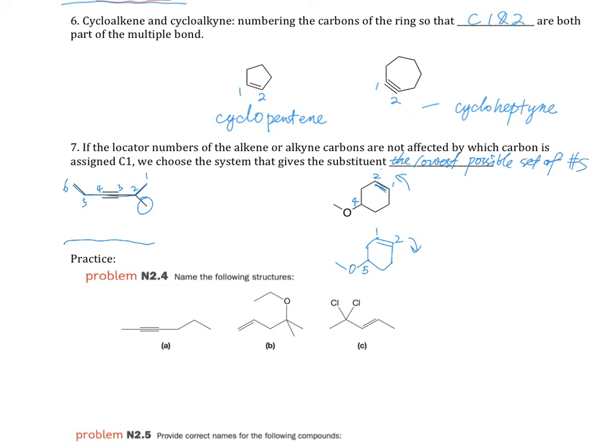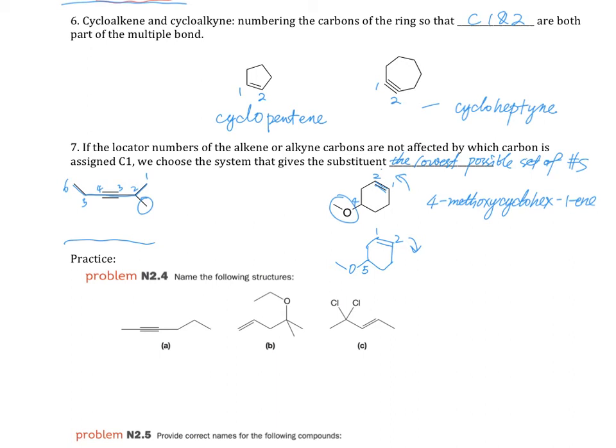So we want the methoxy to have a smaller number. So if I were to name this molecule, it's going to be 4-methoxycyclohex-1-ene. You could always omit this 1 because by default, the multiple bond gets 1, 2.